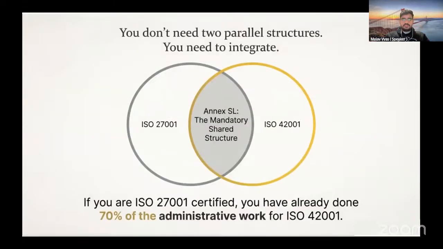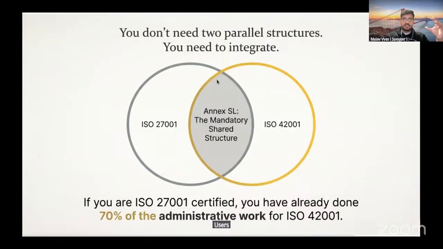Now you would think that two different compliance standards means a lot of work, and why would I even do that, right? But there is a special annex called Annex SL, which mandates that these two standards have a shared structure. So you don't need two parallel structures.